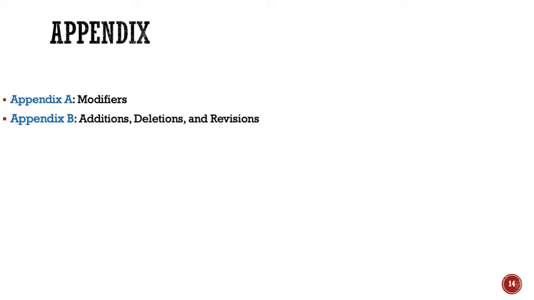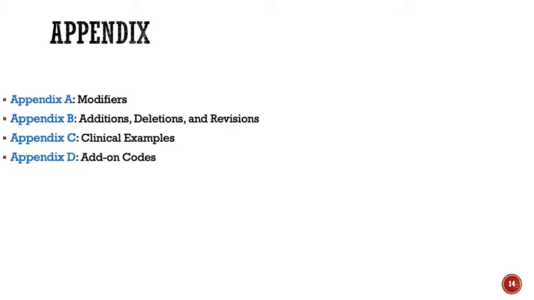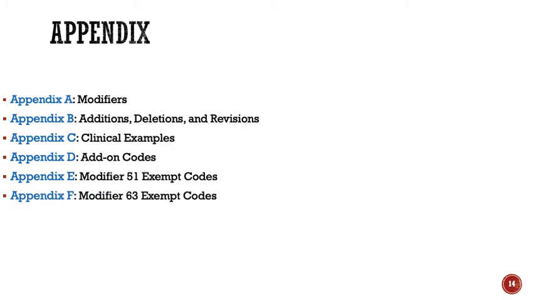At the end of the CPT sections, there are several appendices given. Appendix A is for modifiers. Appendix B is for additions, deletions, and revisions. Appendix C is for clinical examples. Appendix D is for add-on codes. Appendix E is for modifier 51 exempt codes. Appendix F is for modifier 63 exempt codes.